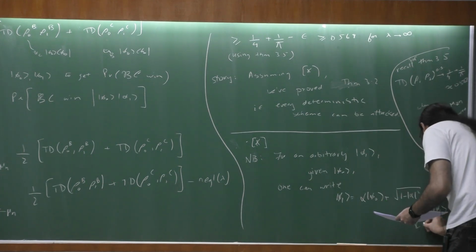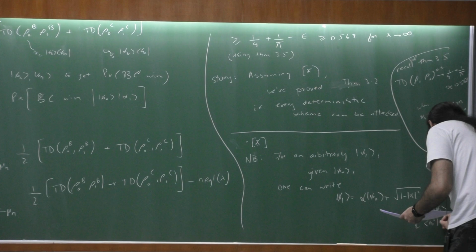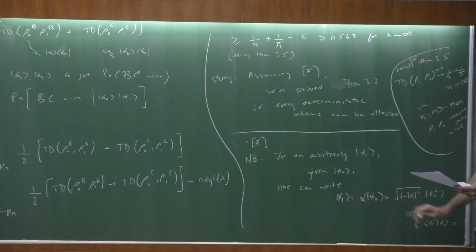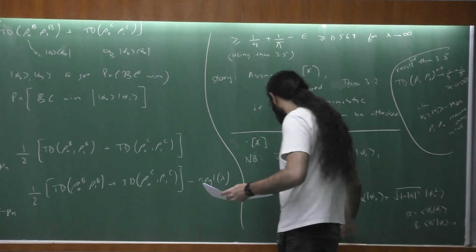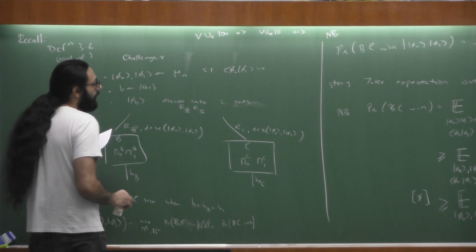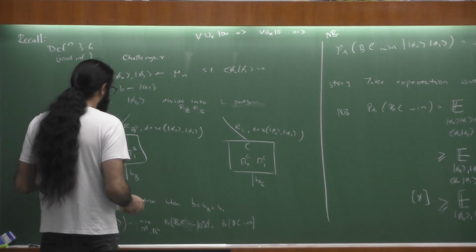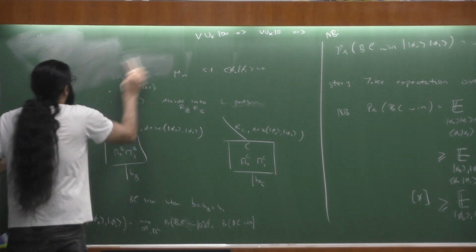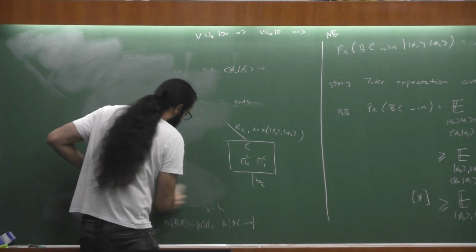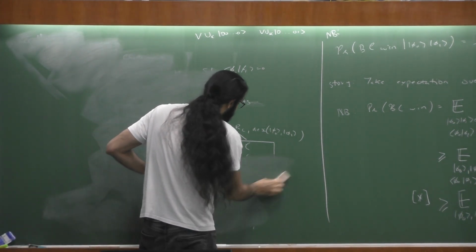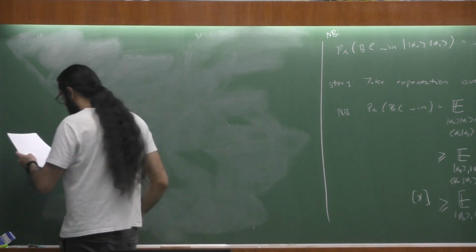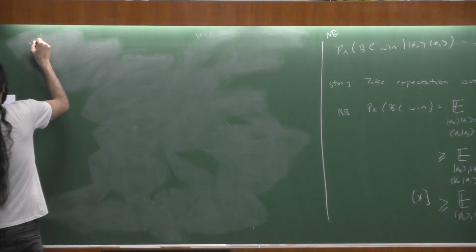and phi 0 perp is obviously perpendicular to phi 0, right? And you can absorb the phase into phi 0 perp, whatever it might be. Okay.